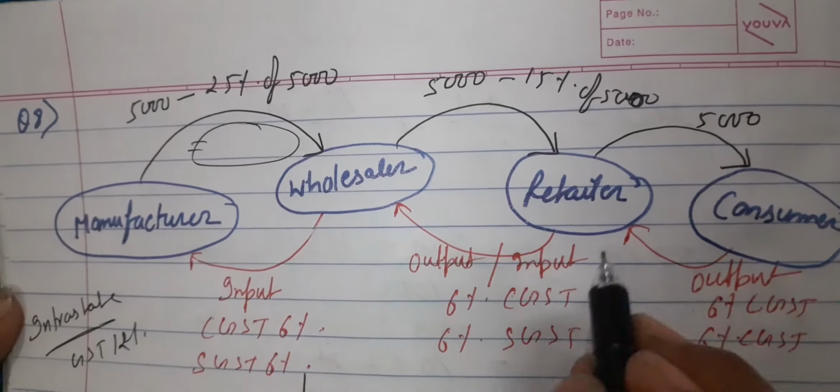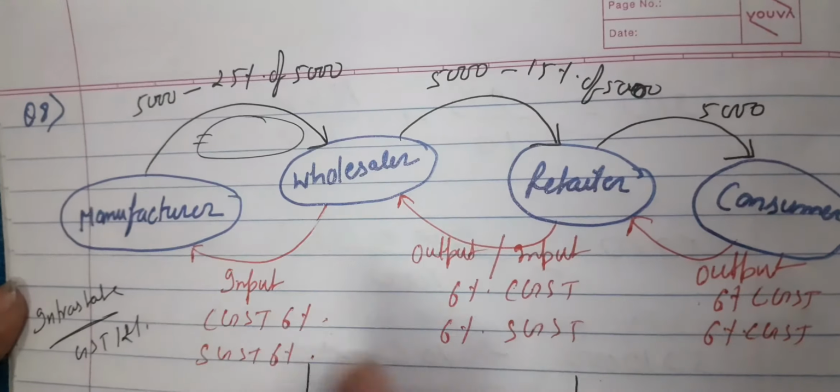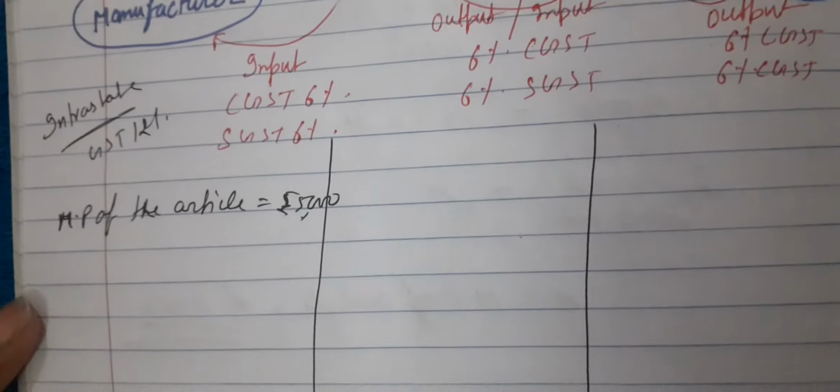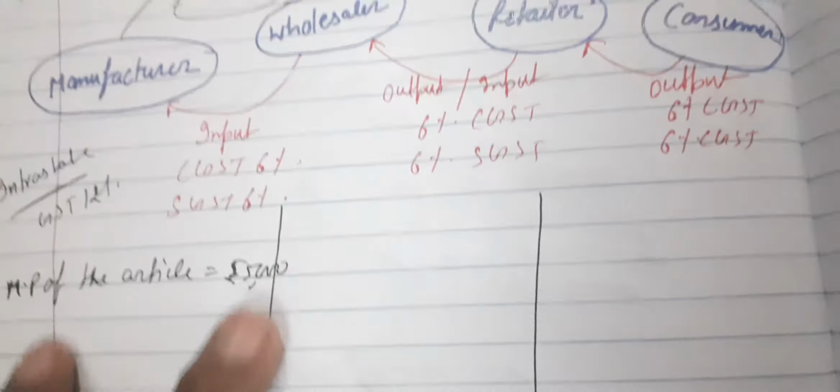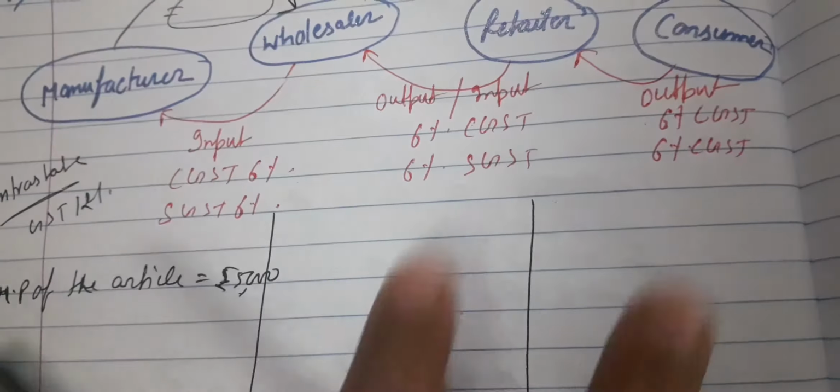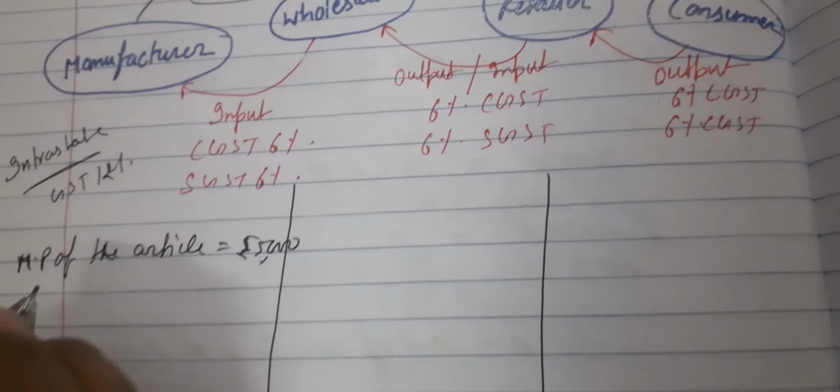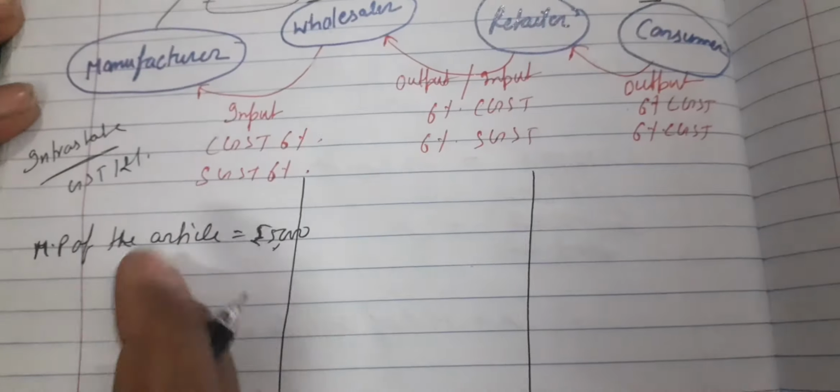So let's see what was the GST paid by everyone. Let's start the sum. First we will solve the dealing here, then between these two, and then the last two. So the MP of the article is rupees 5,000.